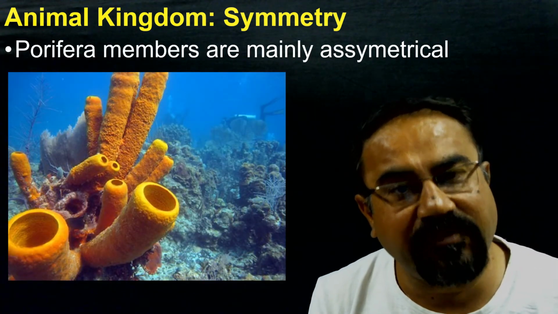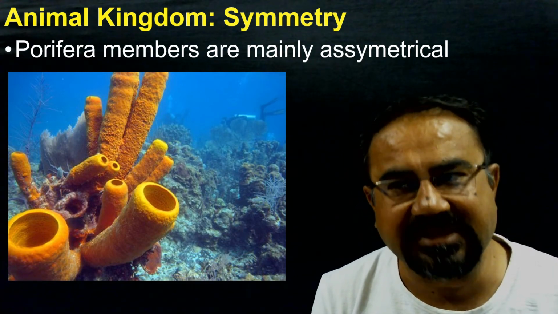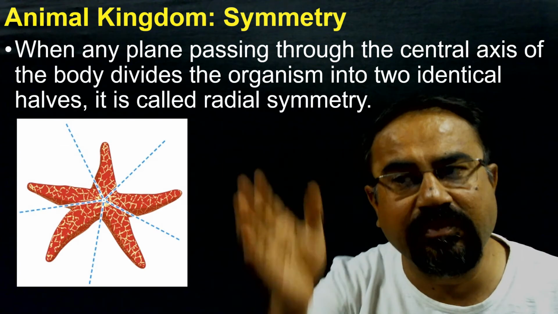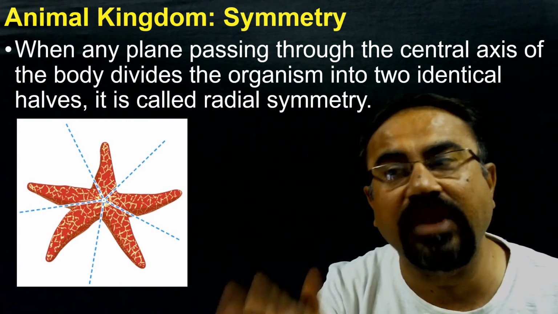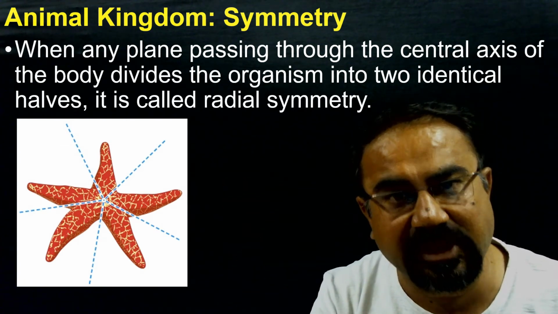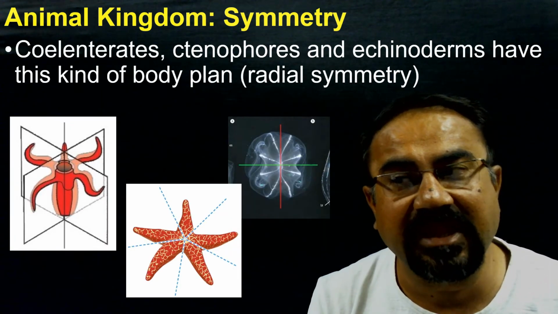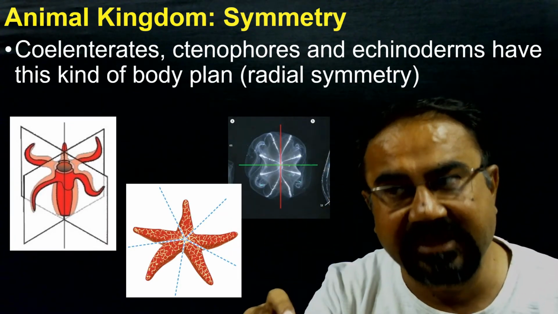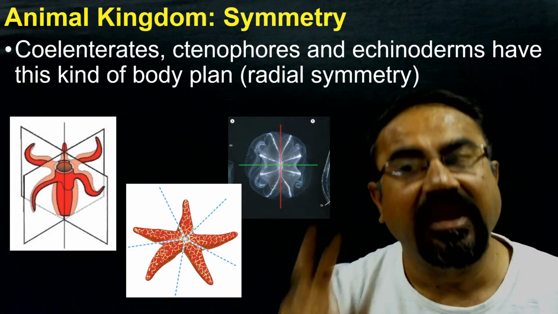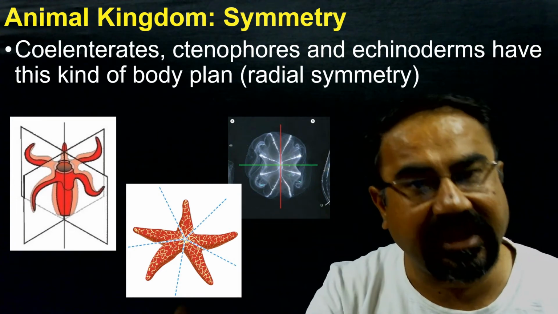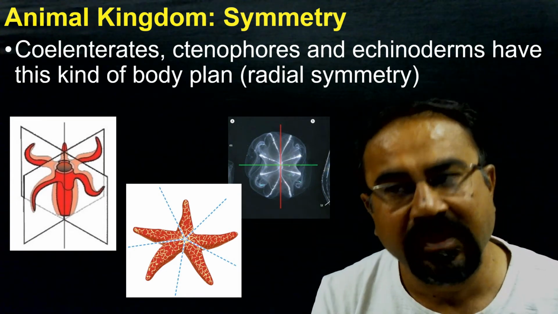That's why we can say porifera members are mainly asymmetrical. जब हम सेंट्रल एक्सिस से बॉडी को डिवाइड कर सकते हैं और टू आइडेंटिकल हाफ में डिवाइड कर सकते हैं तो उसको बोलते हैं रेडियल सिमेट्री. And that kind of radial symmetry is found in coelenterates, ctenophora and echinoderms, and that is known as radial symmetry, and that kind of body plan is there.